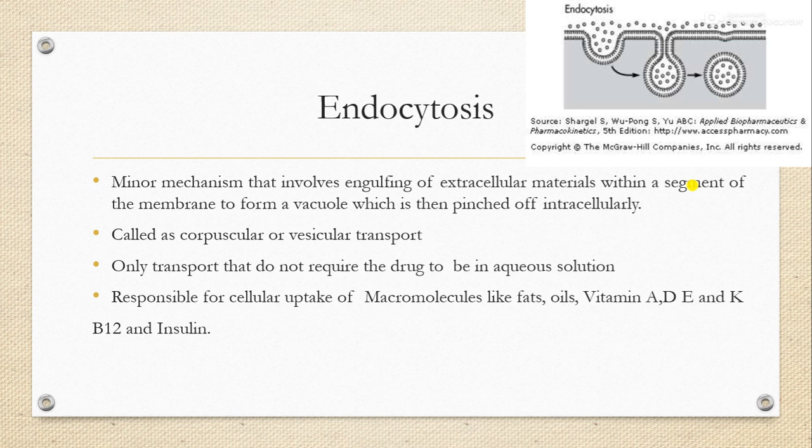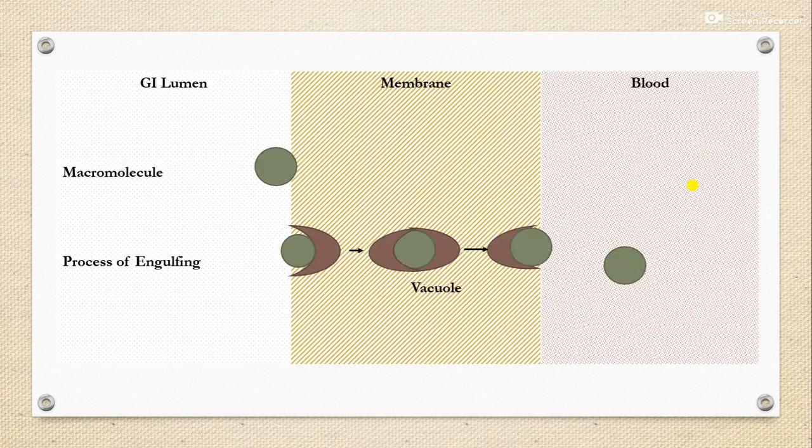Endocytosis is responsible for cellular uptake of macromolecules like fats, oils, vitamins A, D, E and K, as well as vitamin B12 and insulin. So this figure tells you about endocytosis. This is the macromolecule.